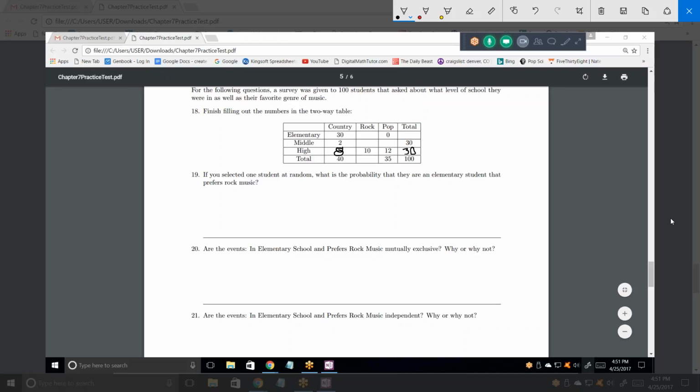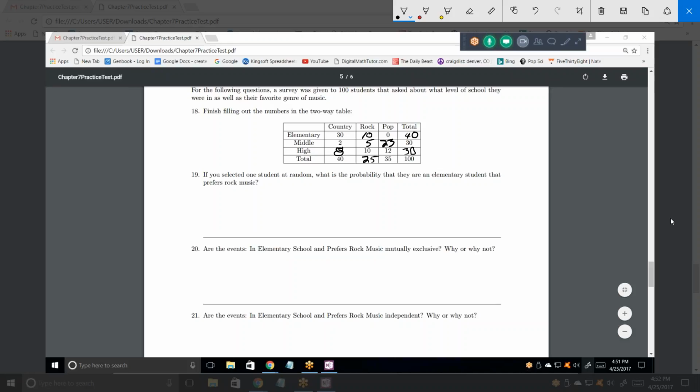And then the top one, which has to be 40. Yep. And that one has to be 10. And then that one has to be 25. Means that one has to be 5. This one has to be 30 minus 7, 23.